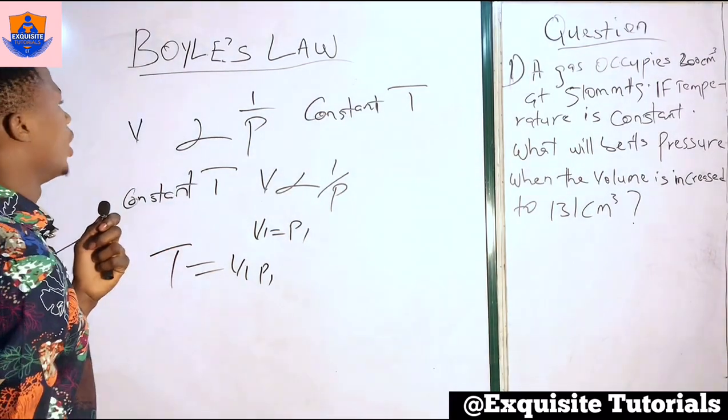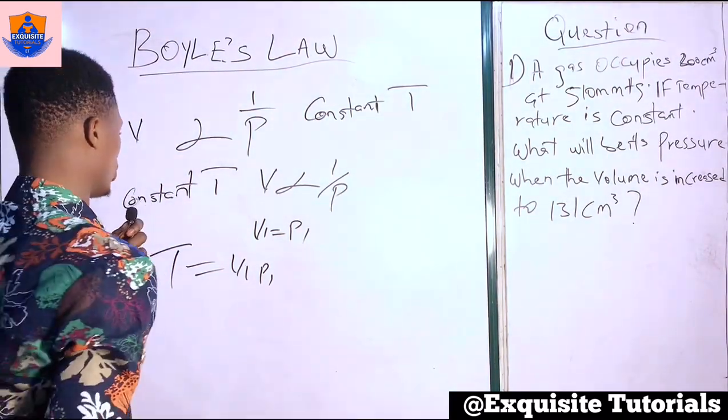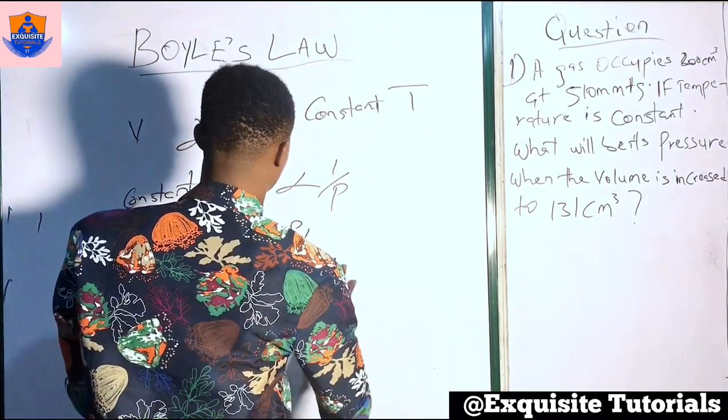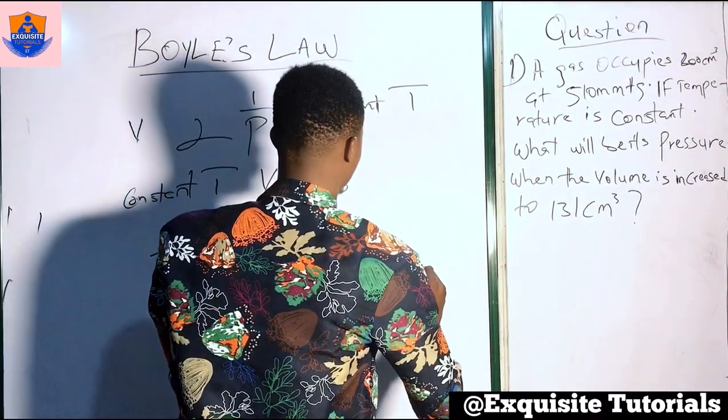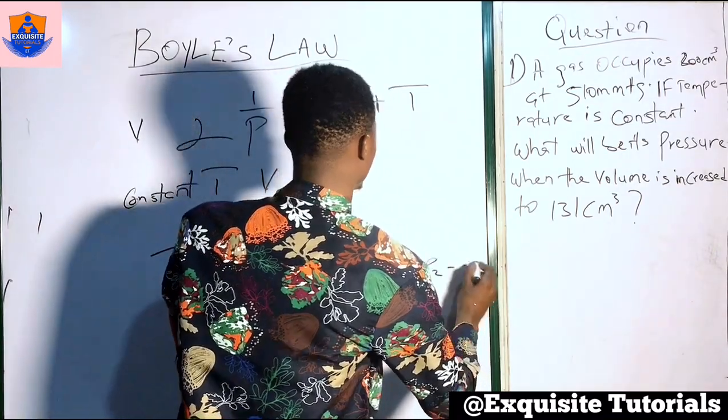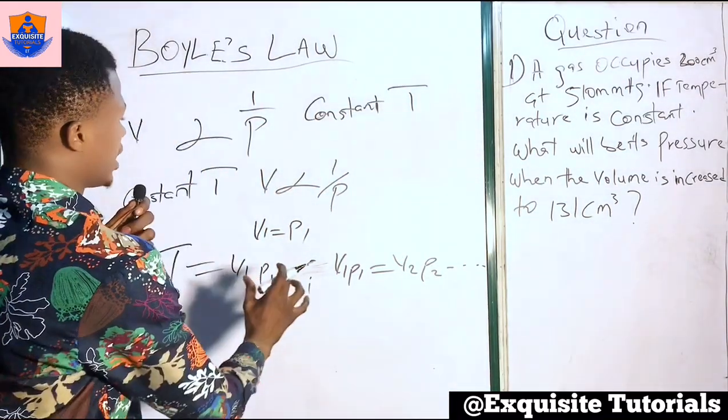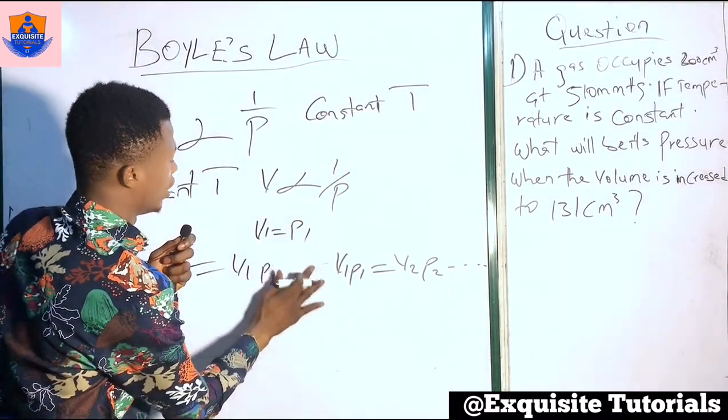That is why, when we are solving equations of Boyle's law, we use something like this: V1 P1 is equal to V2 P2, etcetera. Now, let's use this idea to solve this question.